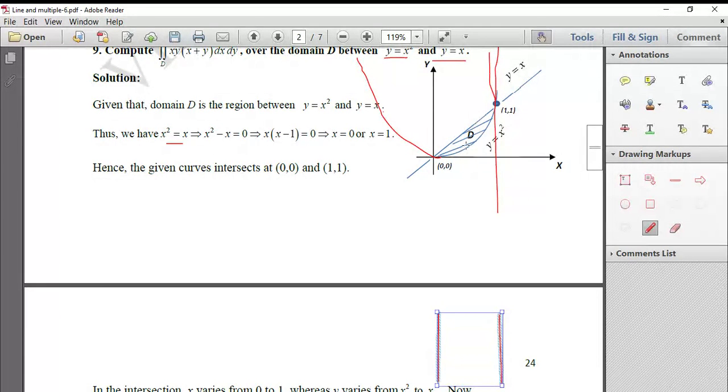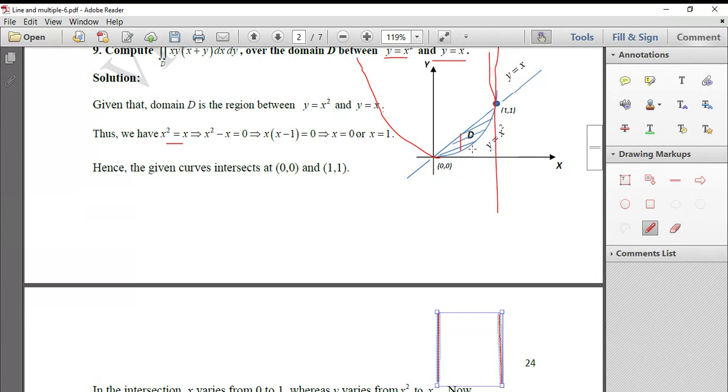For that, what we do is we restrict our limit for y from x square to x. x square to x. What is this height? Yes, this height is your y, isn't it? The length is from 0 to 1. Yes, but height is from x square to x.